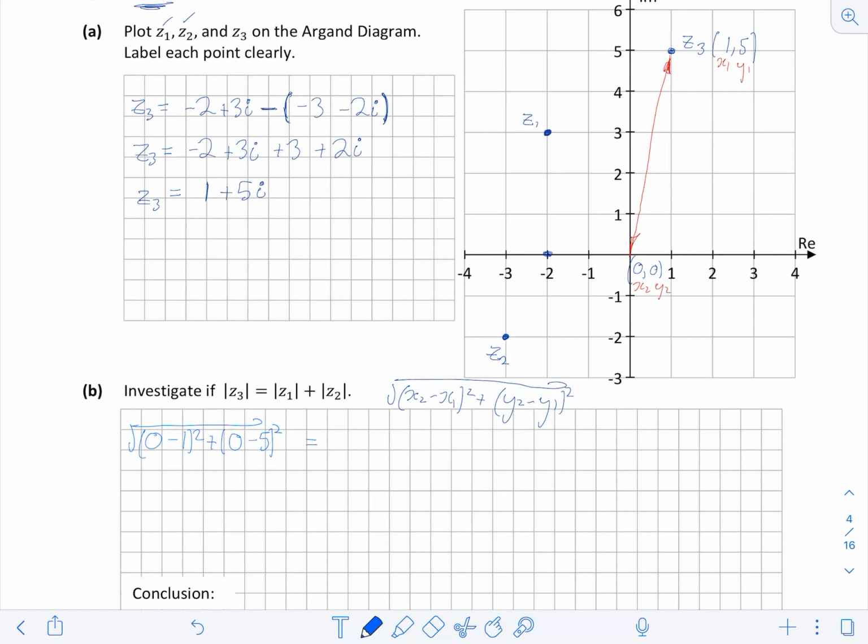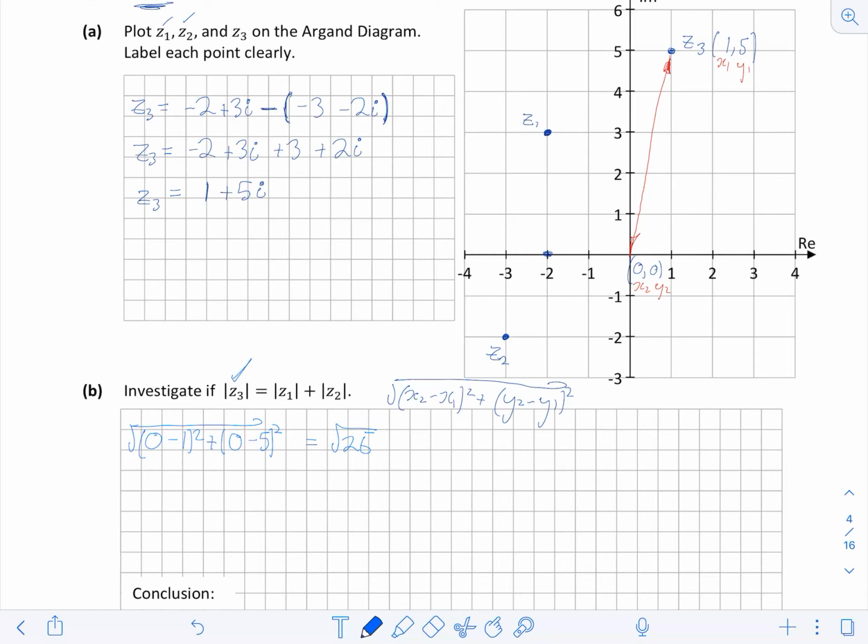I put that into my calculator, and that gives me the square root of 26, I think. Yeah, so it's the square root of 26.